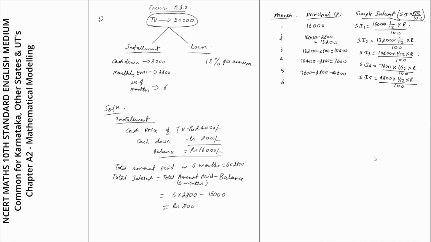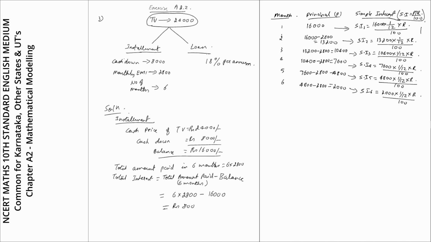And in the last month the principal will be 4,800 minus 2,800, which is equal to 2,000. Therefore here the simple interest SI6 is equal to principal into time, 1 by 12, into rate of interest by 100. So for each and every month where he pays EMI, the principal will be different.